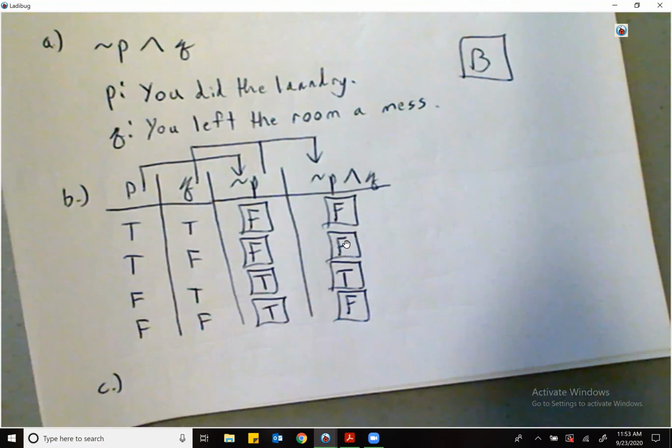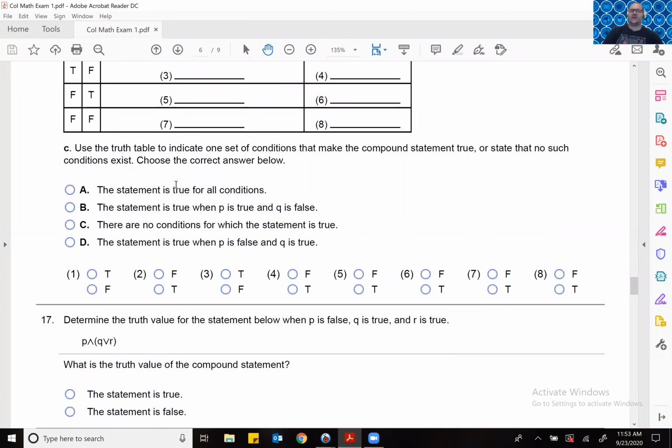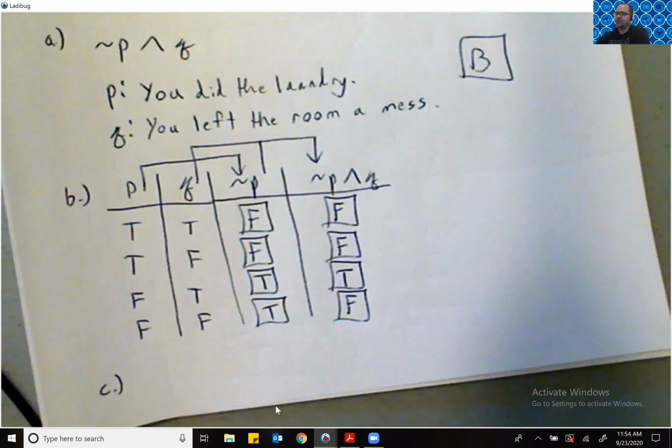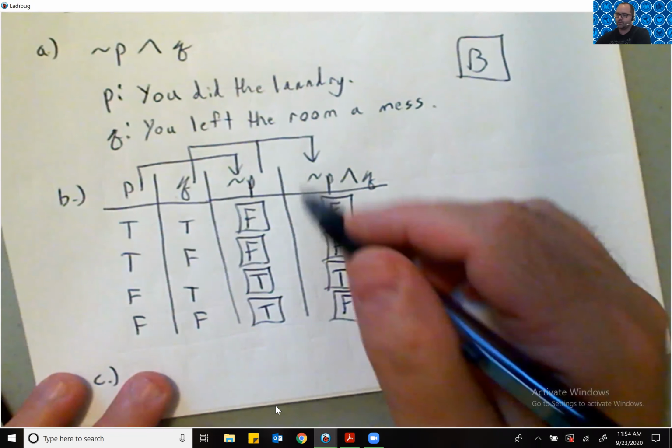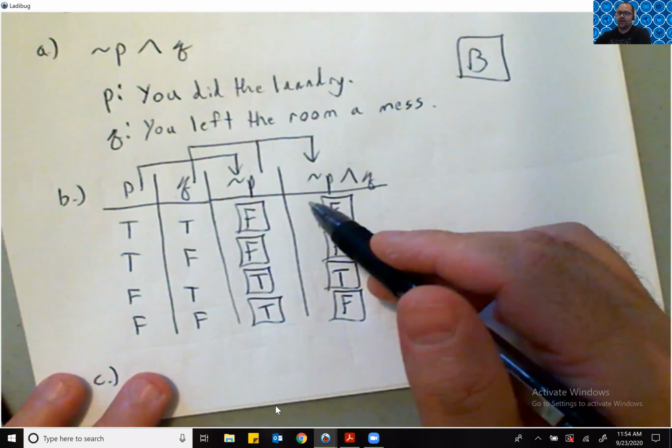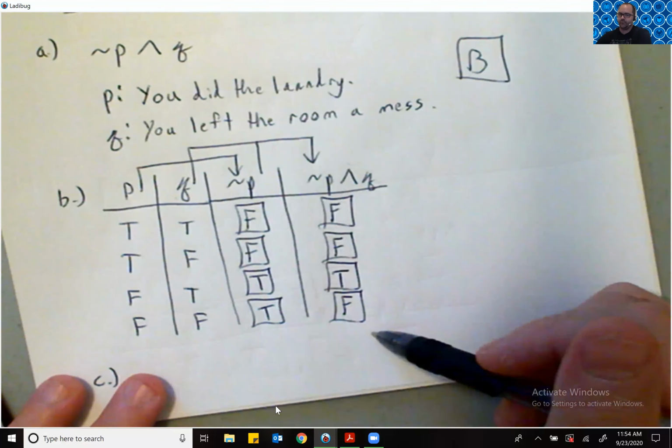All right. So part C says, when we look at the truth table, indicate one of the conditions that makes the statement true. Okay. So we're going to come back here. This is the column you're looking at. It wants to know what is the condition to be true.